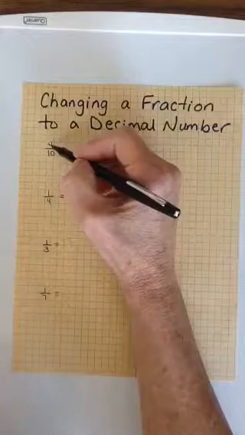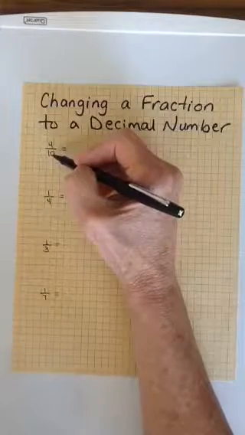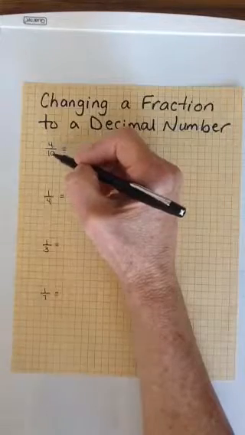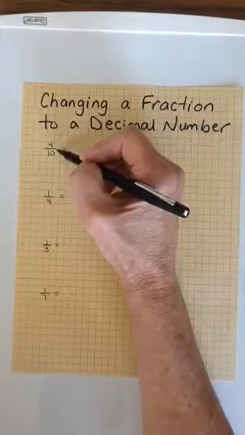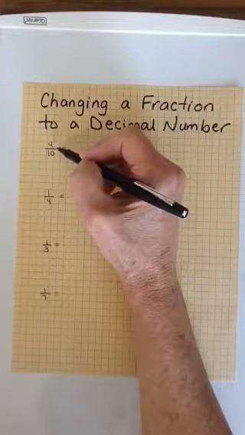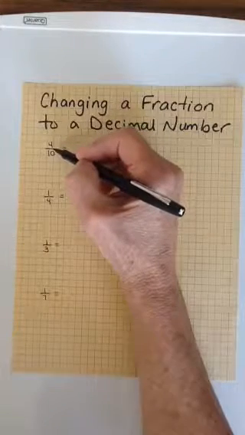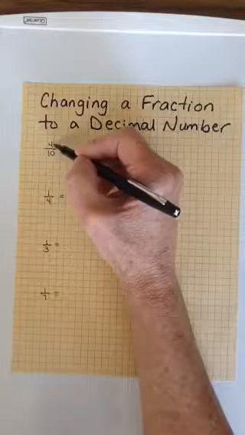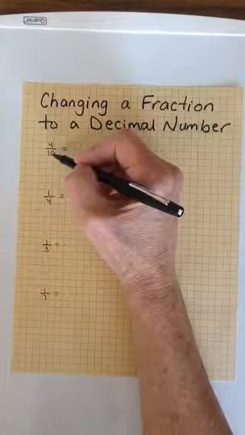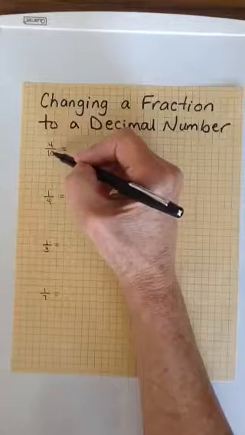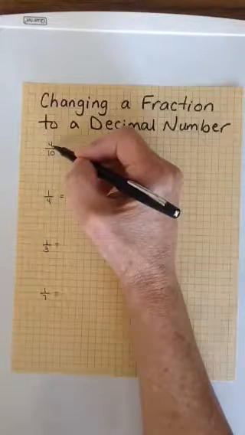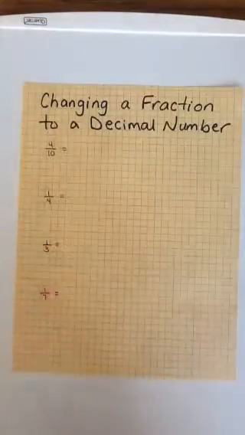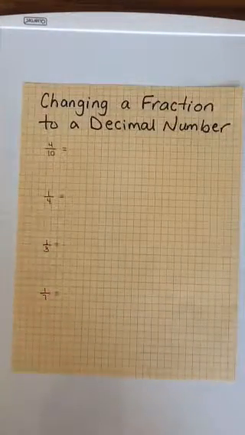We can look at this 4 over 10 and, using fraction language, call that the fraction 4/10. Or using division language, we can read it as a division problem, 4 divided by 10. So division and fractions are really closely bound up. In fact, in one way they're the same thing.